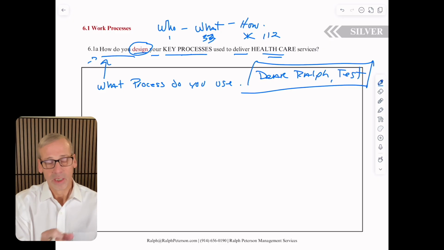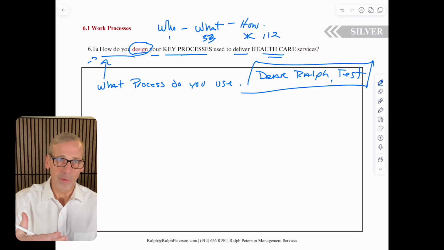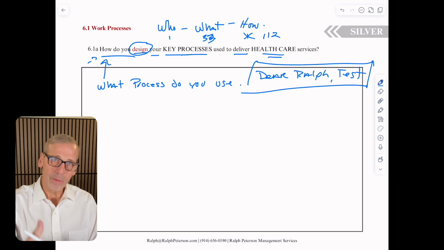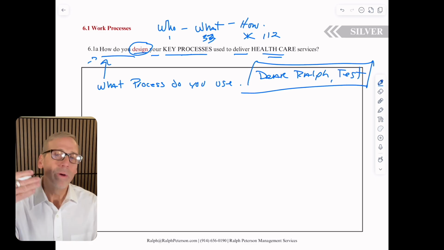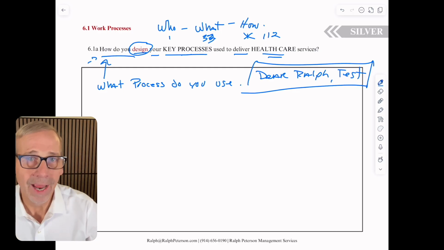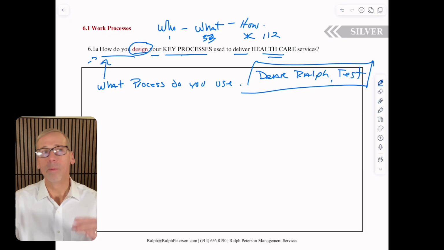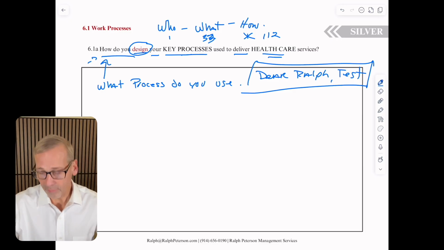That's the test. Could I or anybody follow along with your answer and be able to reproduce what it is you're saying you produce without going back and seeing you? I shouldn't have to go and see you in order to make sense of any of this. Dear Ralph. It's a Dear Ralph test.